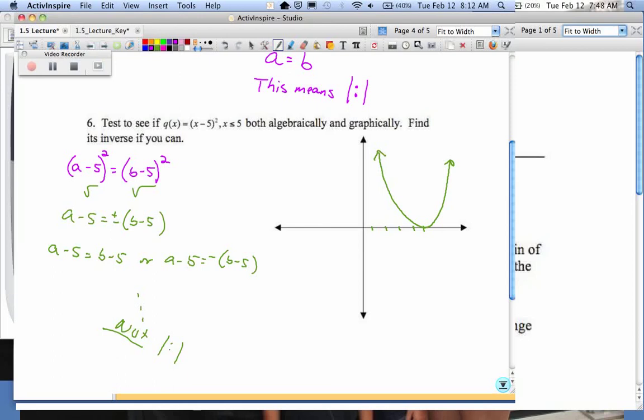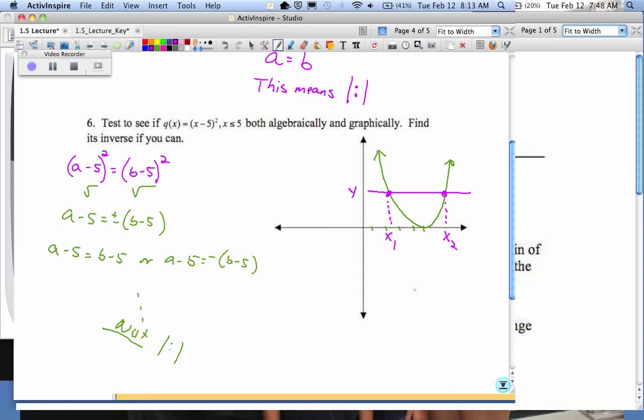It's going to be like that. If I draw a horizontal line across there for this y value, I'm having two different inputs that can produce it. So it's not passing the one-to-one test, the horizontal line test.